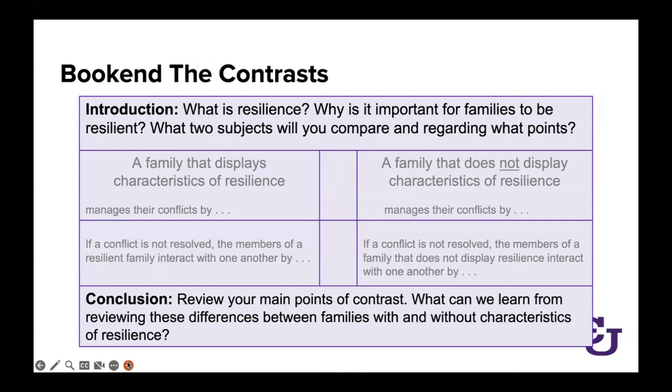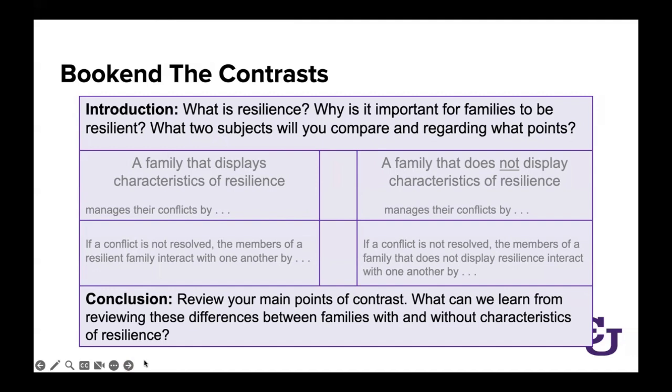So, for the final part, introduction: what is resilience? Why is it important for families to be resilient? What are the subjects you're comparing and regarding what points? That's the introduction. Then the main body of your paper is either going to be point by point or it's going to be block, discussing the family with resilience versus the family lacking resilience.